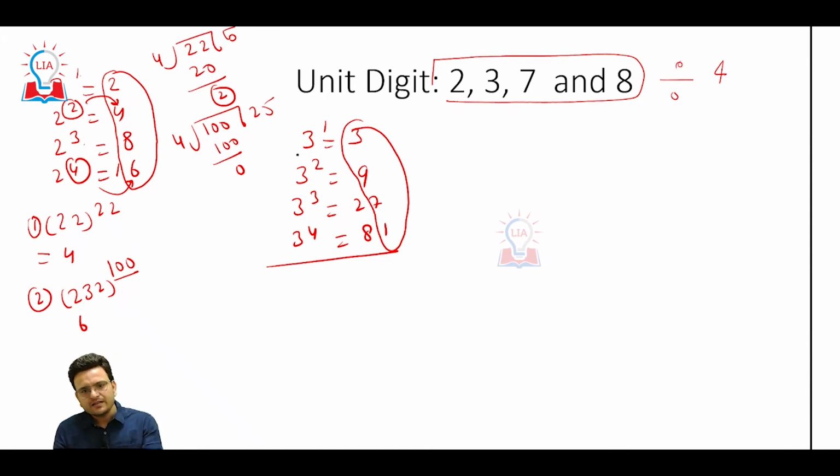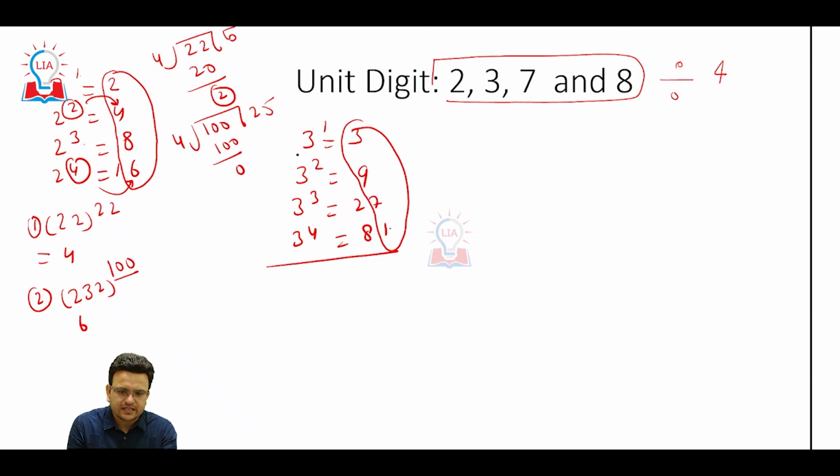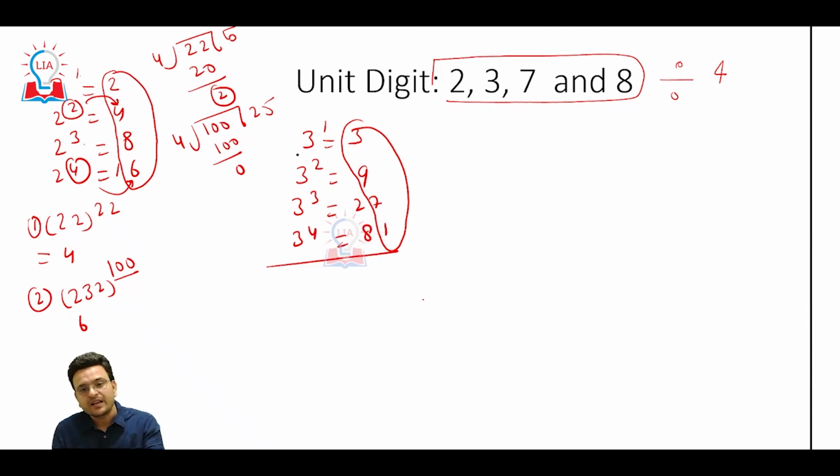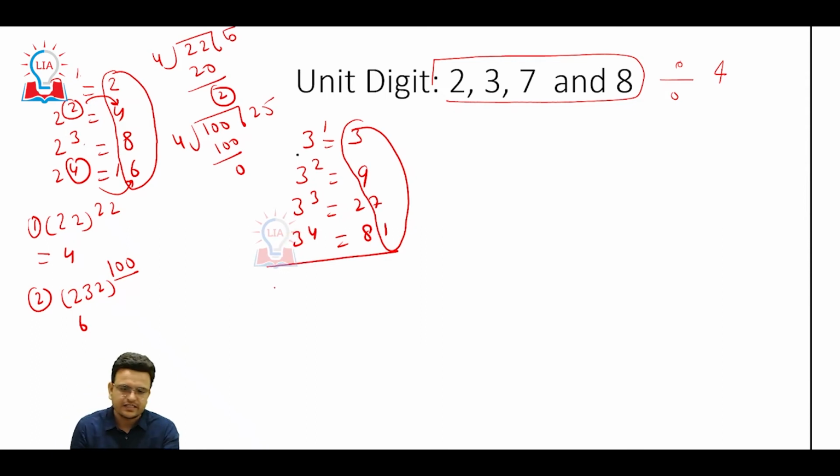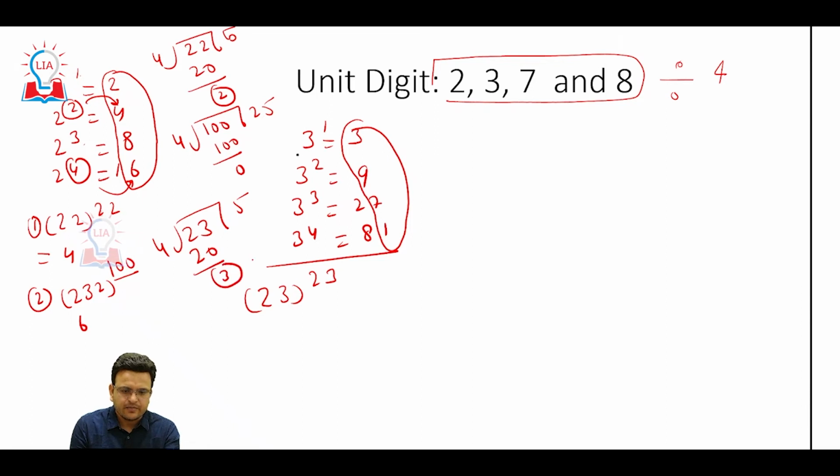Whenever any number is ending with 3, unit place will be 3, 9, 7, 1 only. Consider 23 to the power 23. We just divide 23 by 4 and remainder will be 3. When remainder is 3, then unit place will be 7.